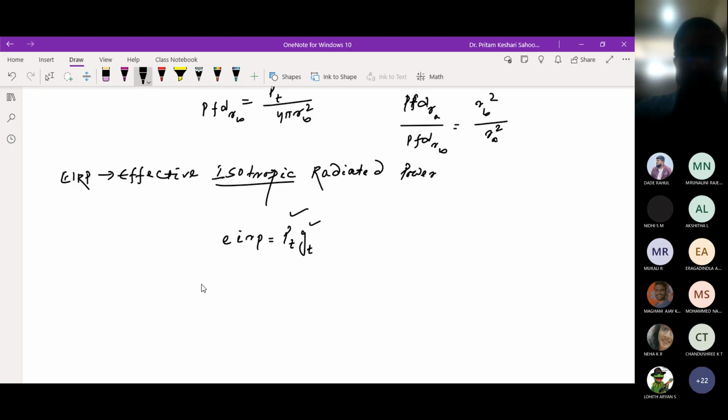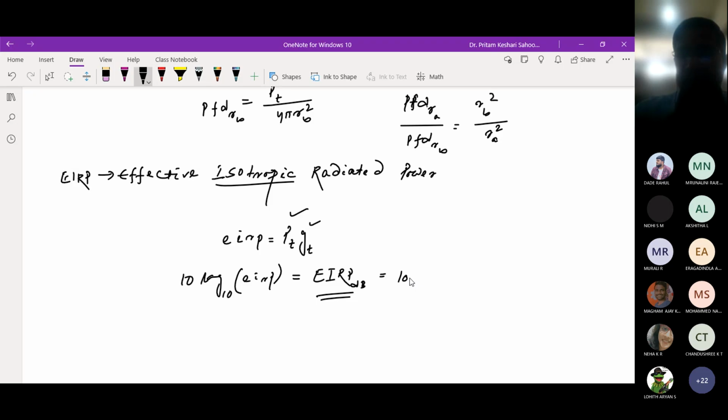Now, if we take the logarithmic, that is log base 10 of EIRP, this we represent by capital EIRP. So this is in dB. When we calculate in logarithmic scale, we have to take 10 log base 10, which we represent by capital EIRP in dB.